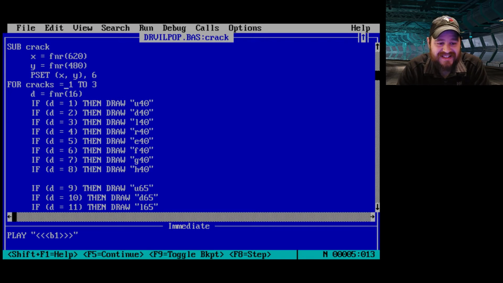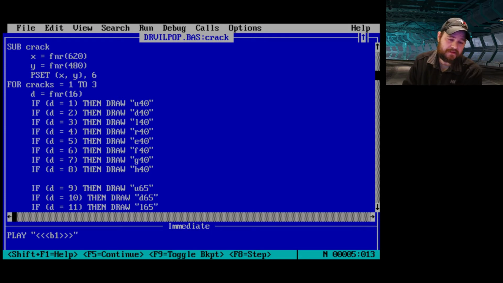He chooses a random number between 1 and 16, and then he uses the cardinal directions with the diagonals to define 8 directions. But he's chosen 16 so that he can go short distances or long distances.